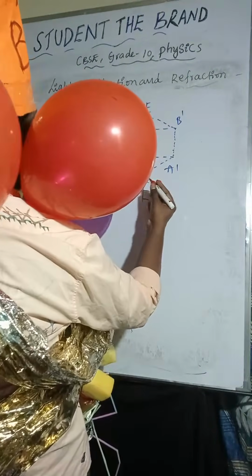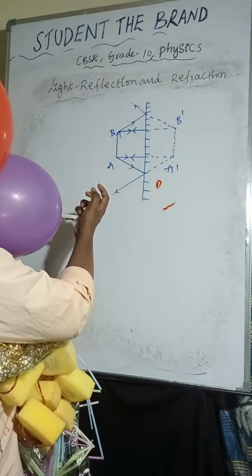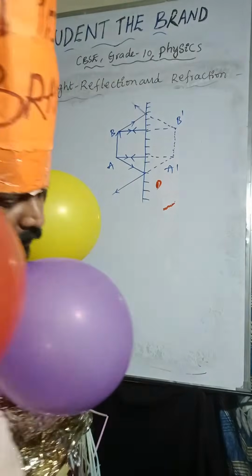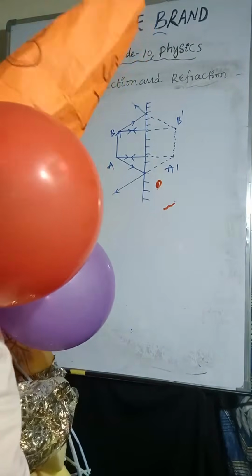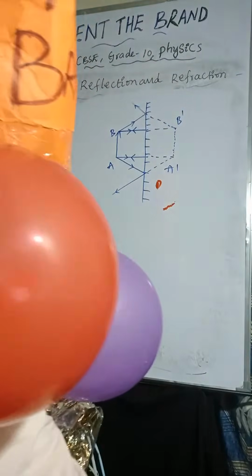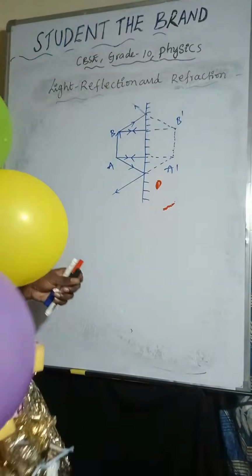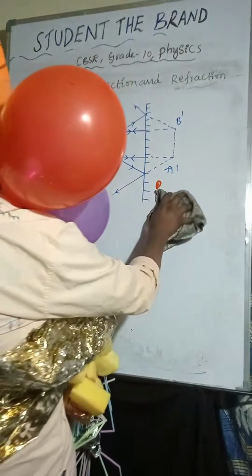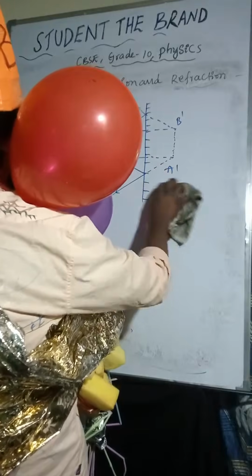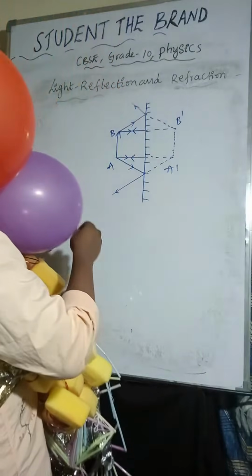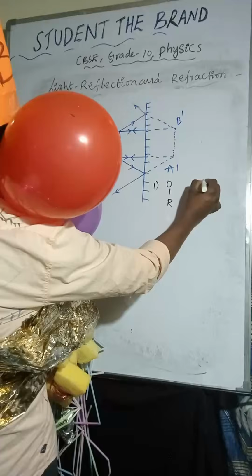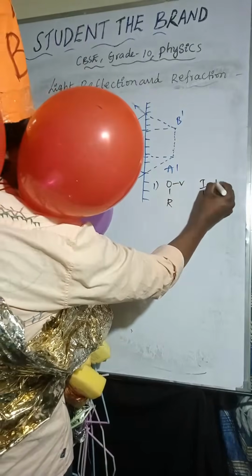First point. Point number 1, object is real, image is virtual, object is virtual, image is real.